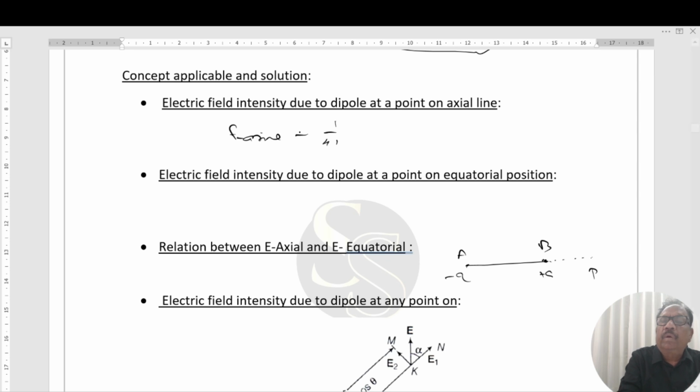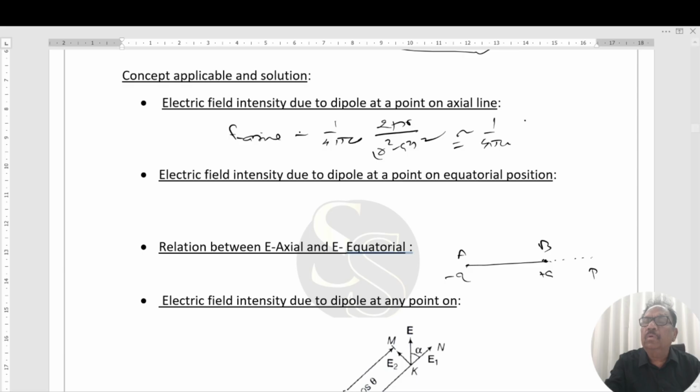1 over 4 pi epsilon naught, 2 P R upon (R square minus A square) to the power 2. And in case of approximation, 1 over 4 pi epsilon naught, 2 P upon R cube, along BP produced. That is the same as the direction of the dipole.